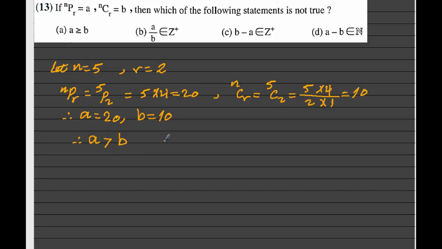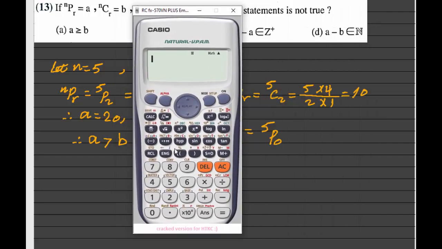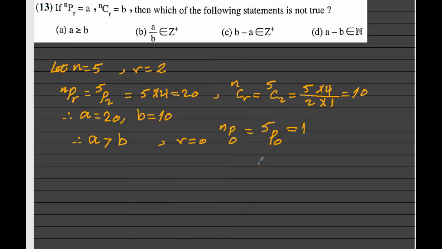Always A is greater than B, in case R equals 0, so NP0 always equals 1. As you can substitute n equals 5, so 5P0, you can try it in calculator here. 5P0 equals 1.